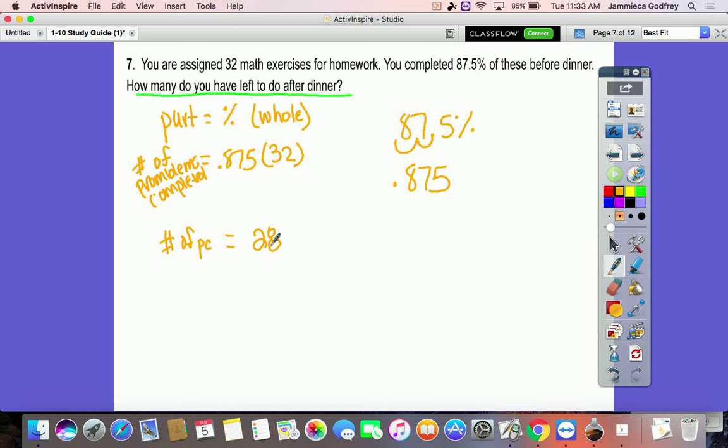So to determine the number of problems that you have left, all you simply do is take how many you started off with, or your total, subtract how many you have completed, and that will give you how many problems you have remaining, which will be 4 problems.